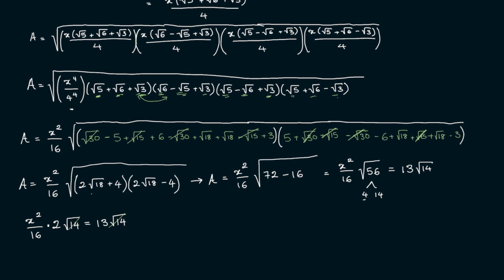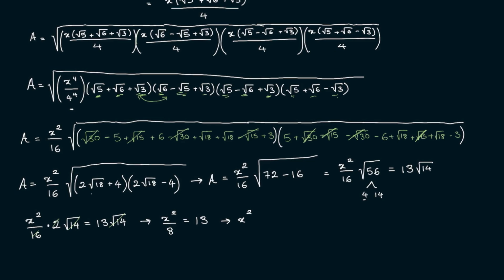Well, we have radical 14 on both sides, so they just cancel out. And now we have x squared over 8, since these also simplify, is equal to 13.